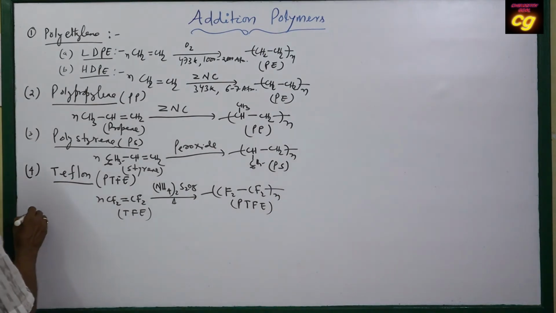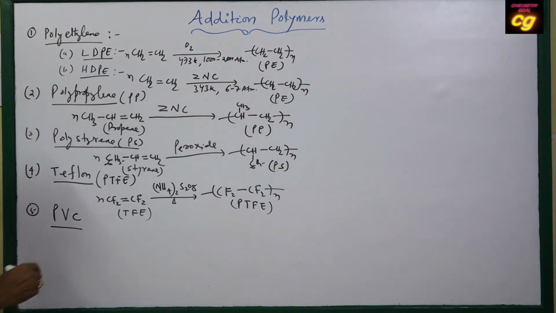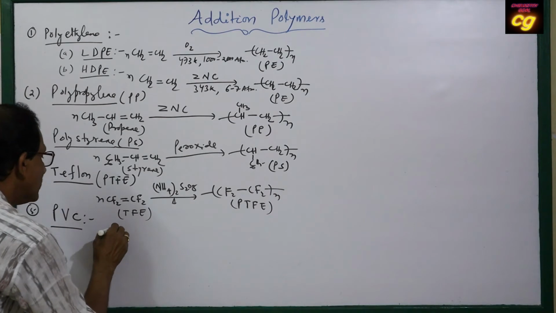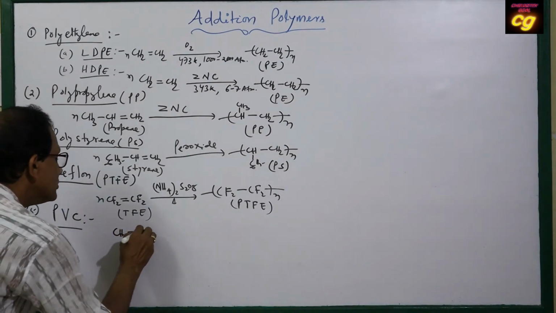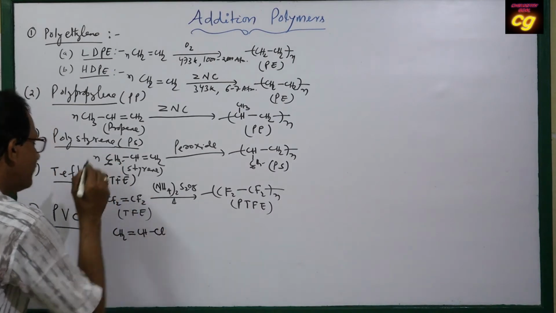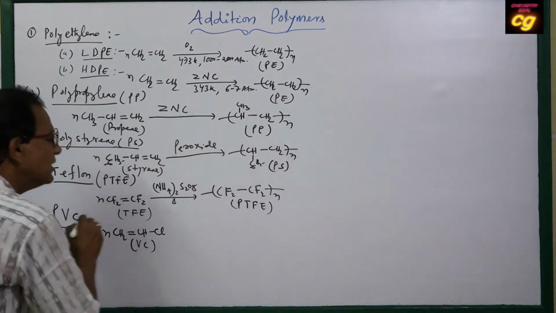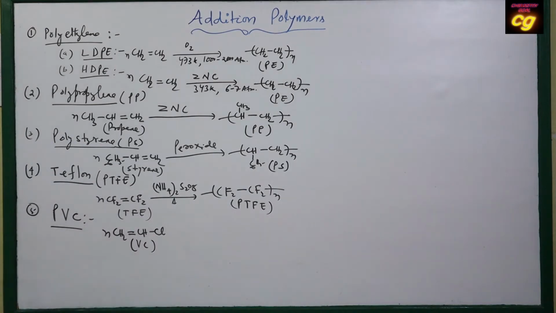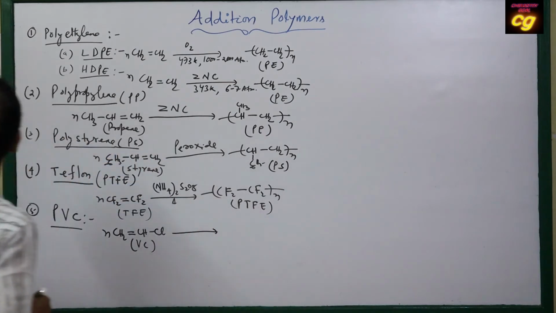This is an important polymer. Then PVC, already known, a very important polymer, polyvinyl chloride. The monomer is CH2=CHCl, N number of vinyl chloride, short form VC.